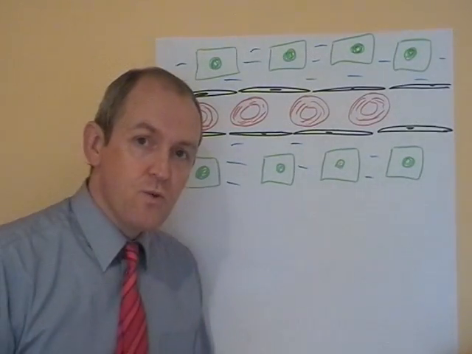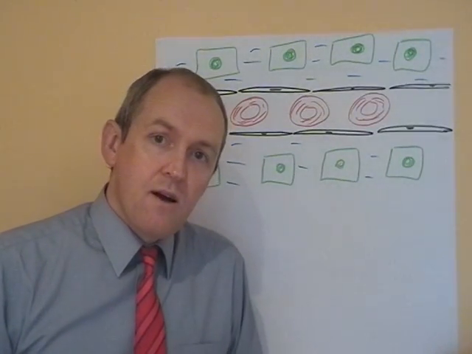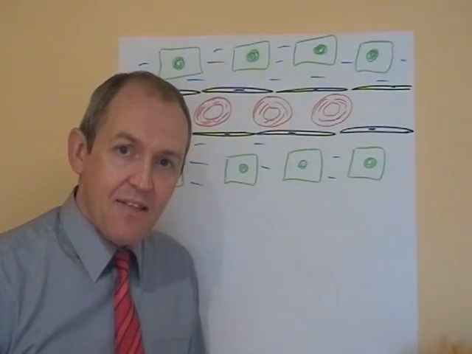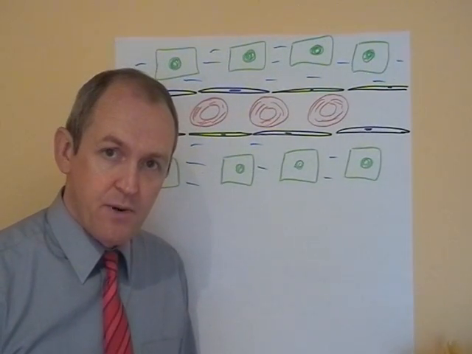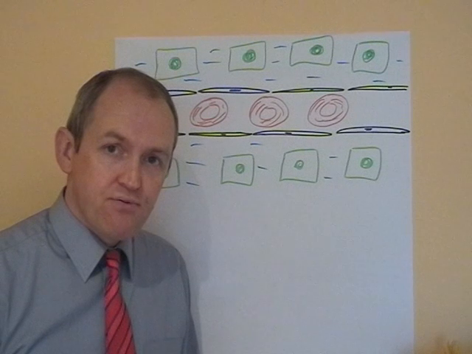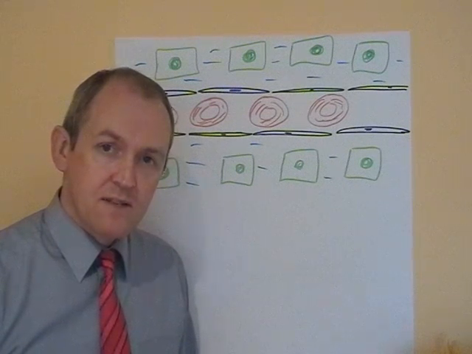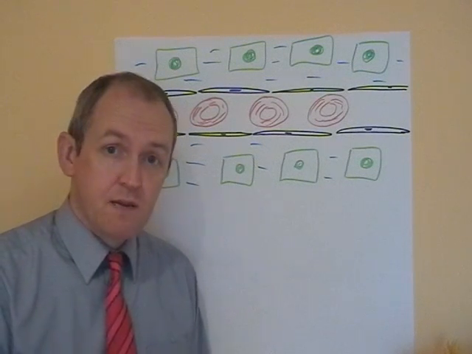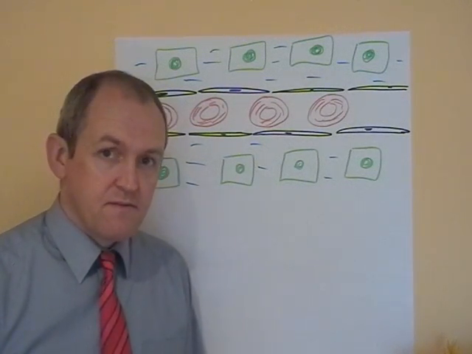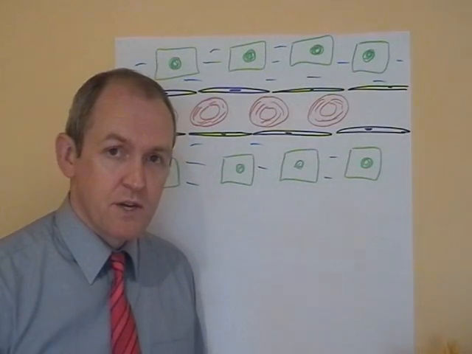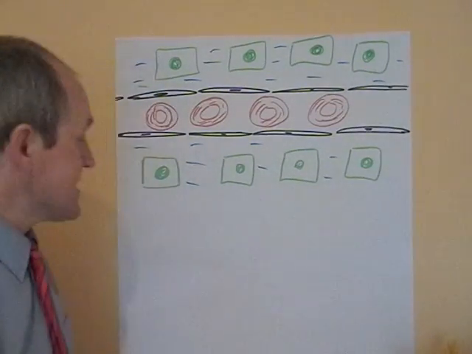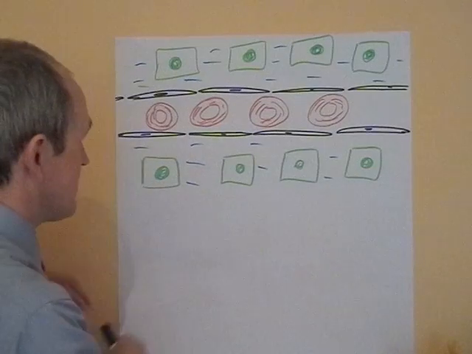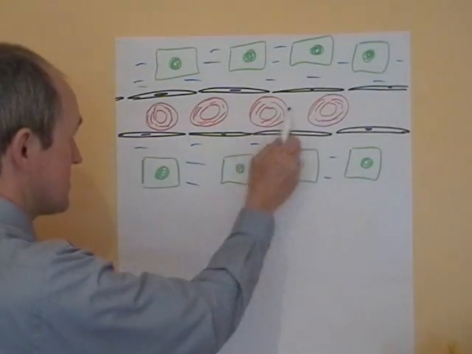Now the tissue fluid forms from the plasma at the arterial end of the capillary because the blood pressure is greater than the osmotic pressure. So there's a pressure of blood in the arterial end of the capillary. Different figures, maybe 32 millimeters of mercury, say. And that's tending to force fluid out. Remember, the plasma, of course, has got water in it.